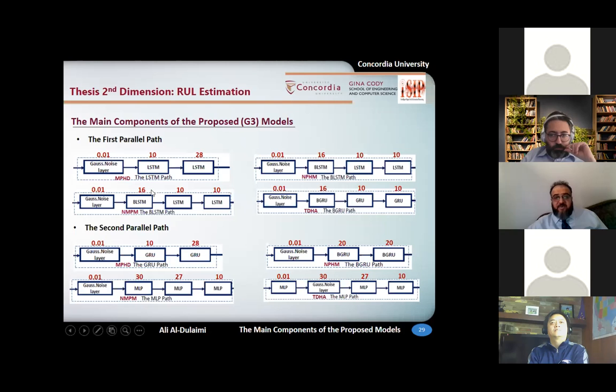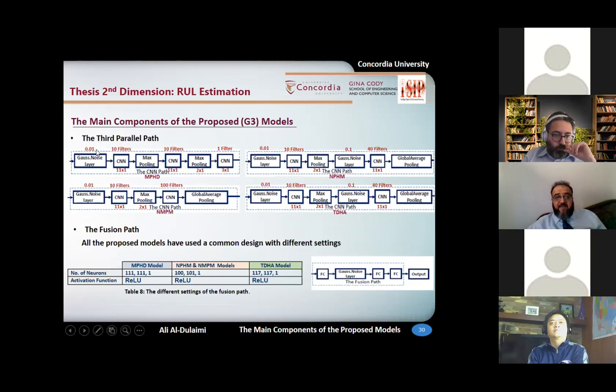We can see that we have different settings for the parallel paths, and different styles, techniques, and settings for the third path.